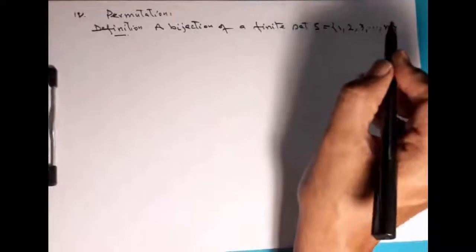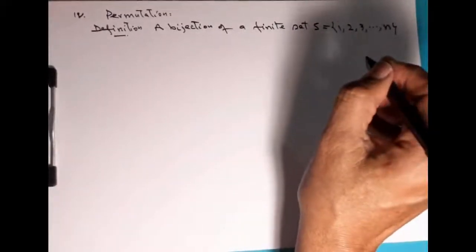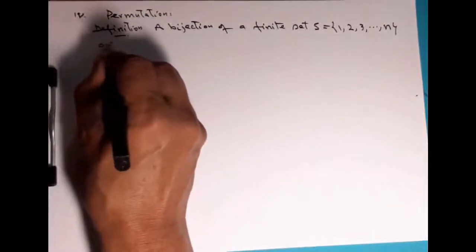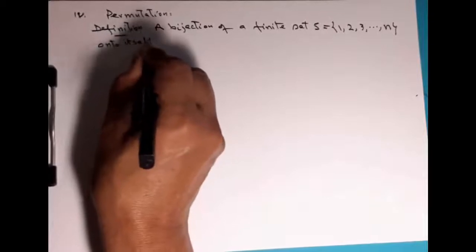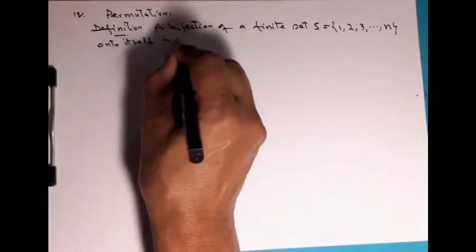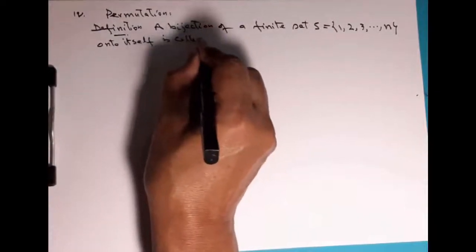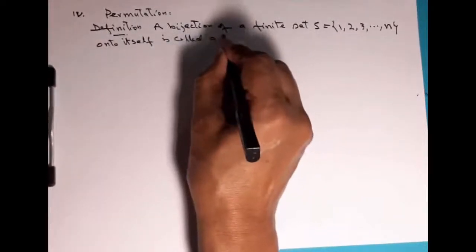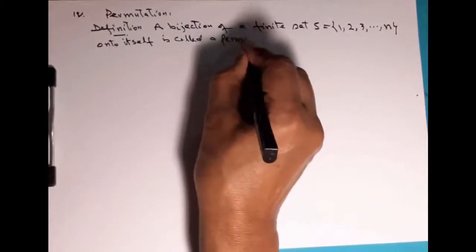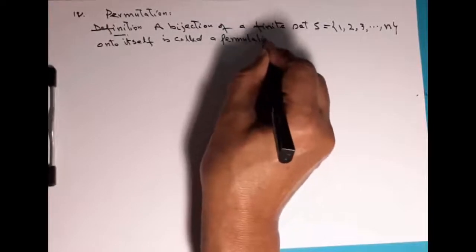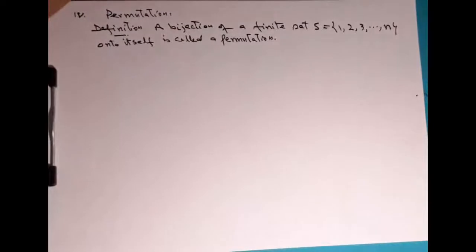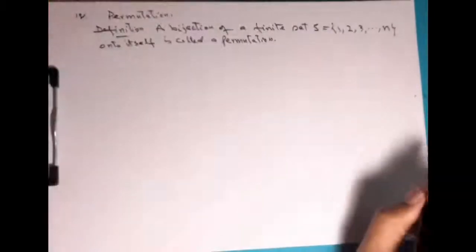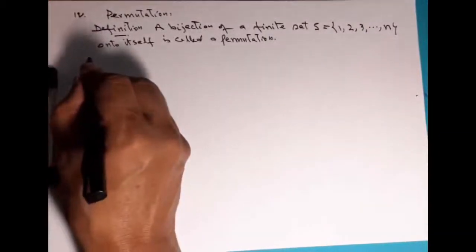So a bijection of a finite set 1, 2, 3, 4, so on up to n onto itself is called a permutation. So a bijection of a finite set onto itself is called a permutation. Having defined that, let's see an example.